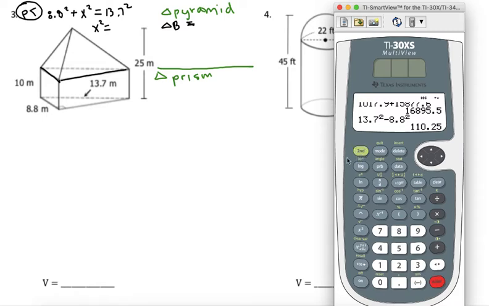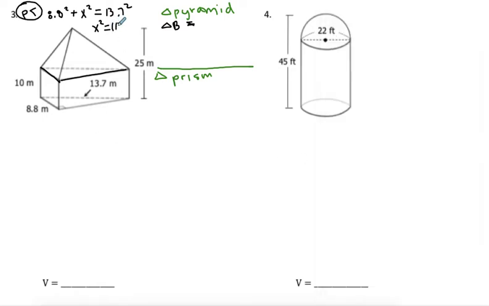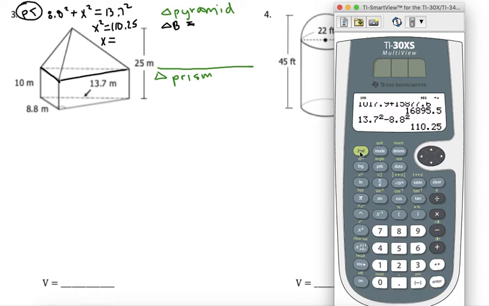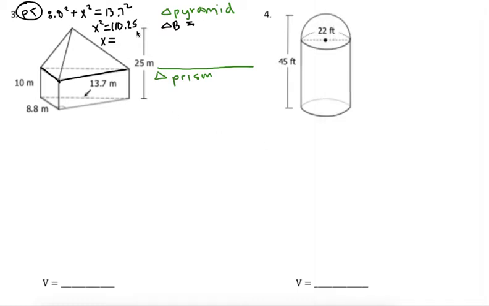Okay, so I need to square root that because right now I have x squared is equal to that. So x is going to equal the square root of 110.25, 10.5.